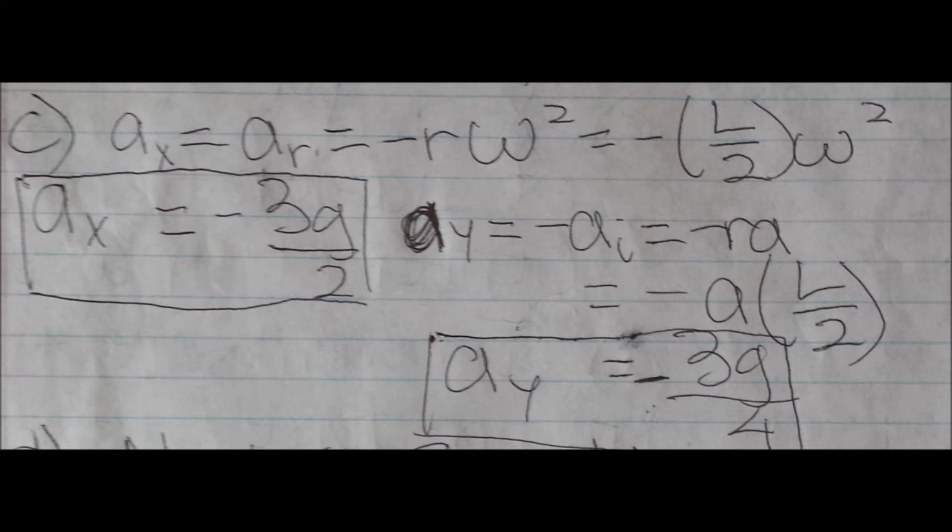Therefore, solving for ax is equal to negative 3g over 2. Acceleration y is equal to negative r alpha, equal to negative alpha times L over 2, and therefore solving for acceleration y, it is equal to negative 3g over 4.